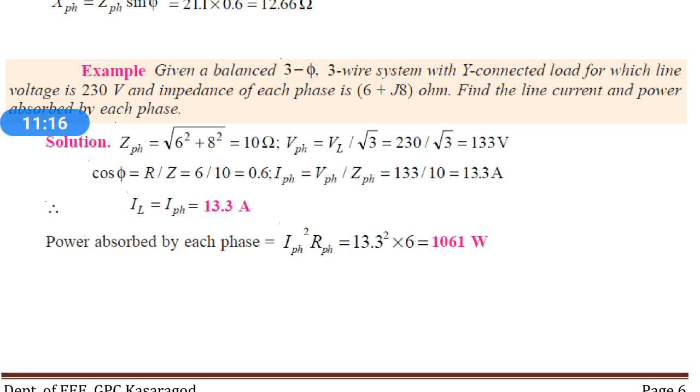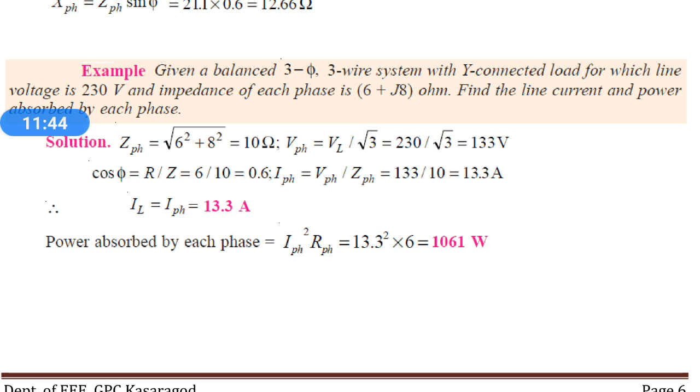The line voltage is given, 230 volt. So V phase equal to VL by root 3, that is 230 divided by root 3. The answer is 133 volt. All the values are rounded. Next, power factor cos phi equal to R by Z. R is 6 ohm and Z is calculated as 10 ohm.